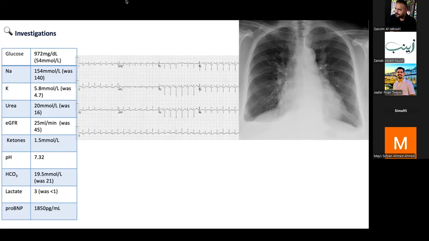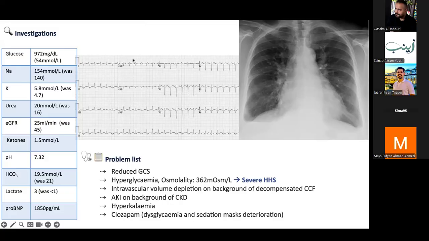Thank you so much. So the problem list, as you rightly said: there is a reduced GCS from baseline, there's hyperglycemia, and the osmolality is 362. There's intravascular volume depletion, manifested by the fact that he has AKI as well as lowish blood pressure. He has AKI on a background of CKD, and mild hyperkalemia.